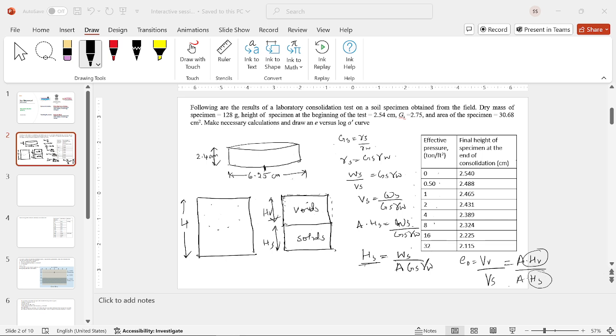Then we have H naught is 2.54. Then we have area is 30.68 and W naught. W naught is 128 grams.